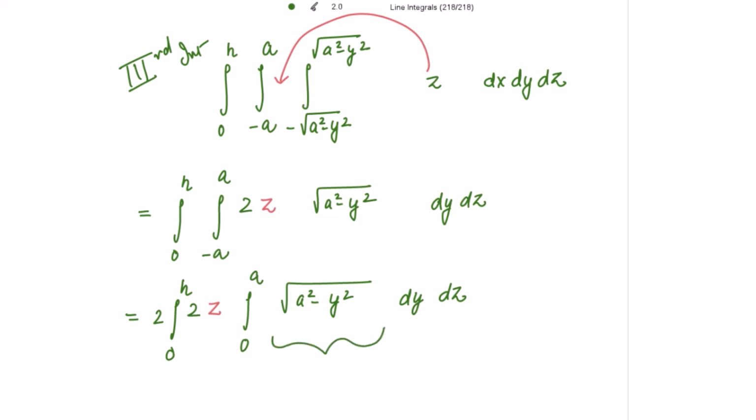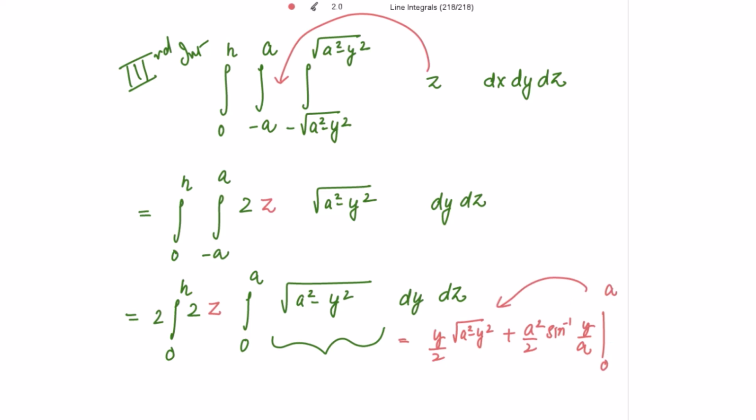Solving this integral with respect to y, we have the formula for this, that is y divided by 2 times the square root of a square minus y square plus a square by 2 sine inverse of y divided by a, with limits from 0 to a.